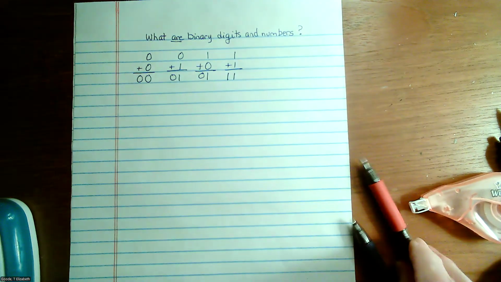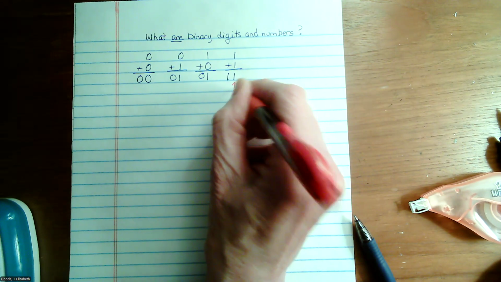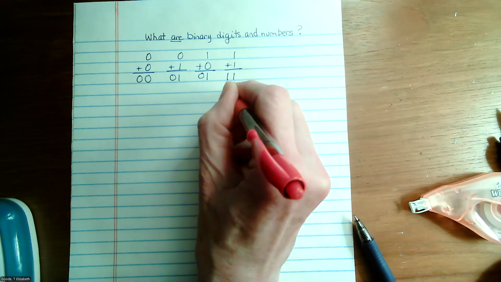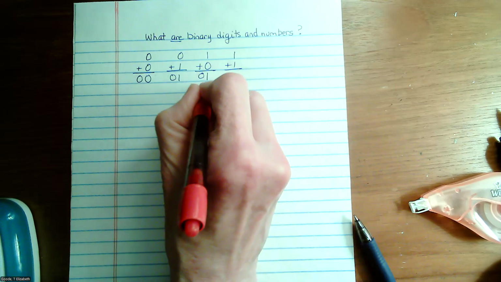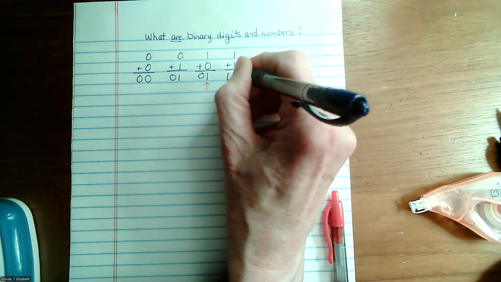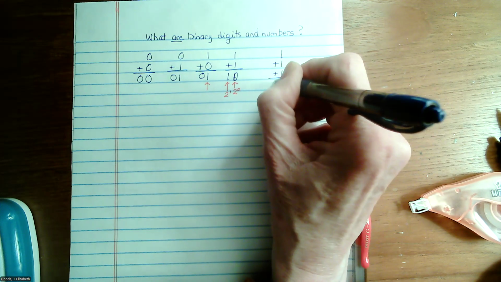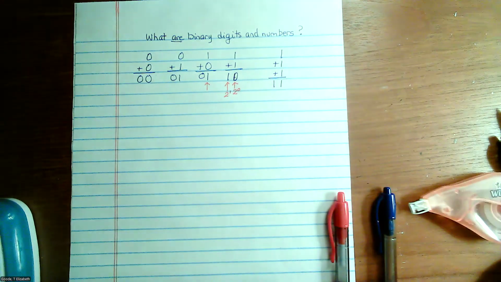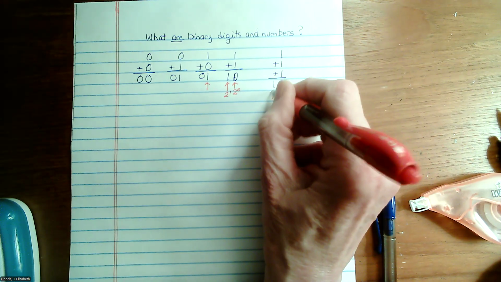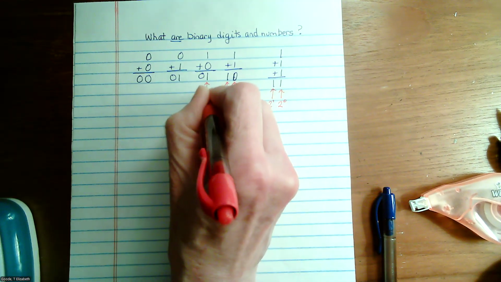But if you go back and look at the notes, and if you understand that this is the 2 to the 0, or the 1's digit, and this is the 2 to the 1, or the 2's digit, you can see what these numbers mean. 1 plus 1 plus 1 is 11. If you think about what these binary numbers actually mean, and again, we did this in the notes with a fairly long number.